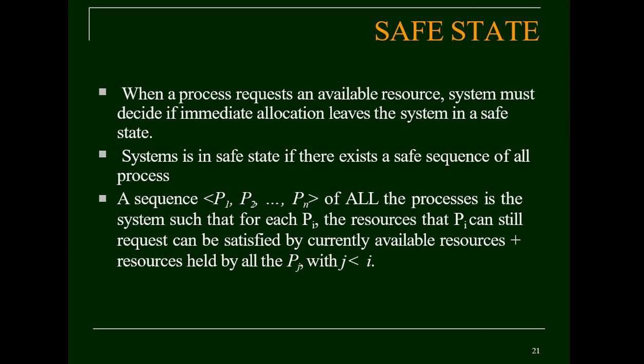So, the system is in the safe state if there exists a safe sequence of all the processes, a sequence P1, P2 up to Pn, such that for each Pi, the resources that Pi can still request can be satisfied by the currently available resources and the resources held by all the Pj.